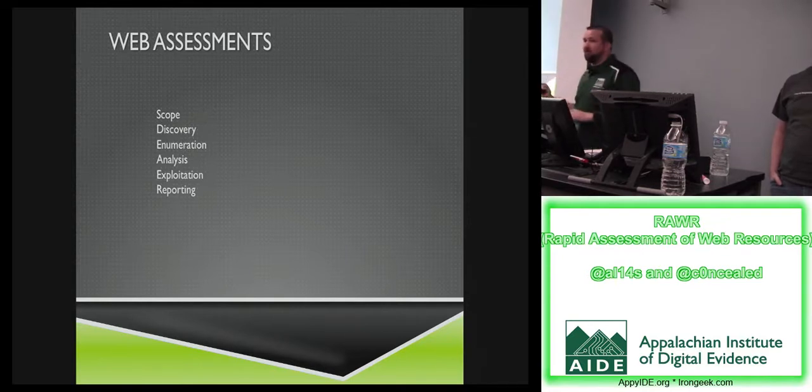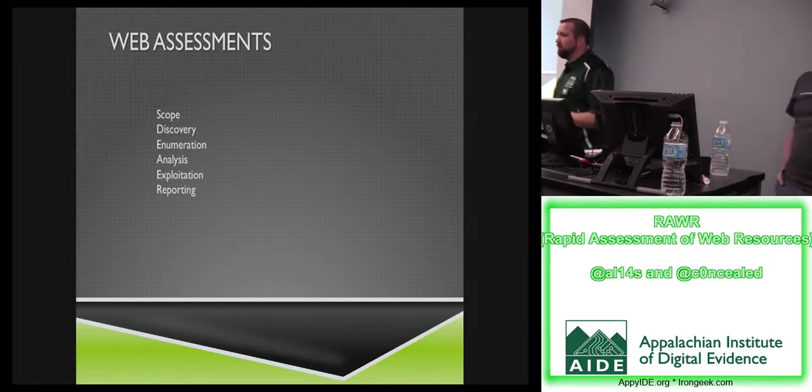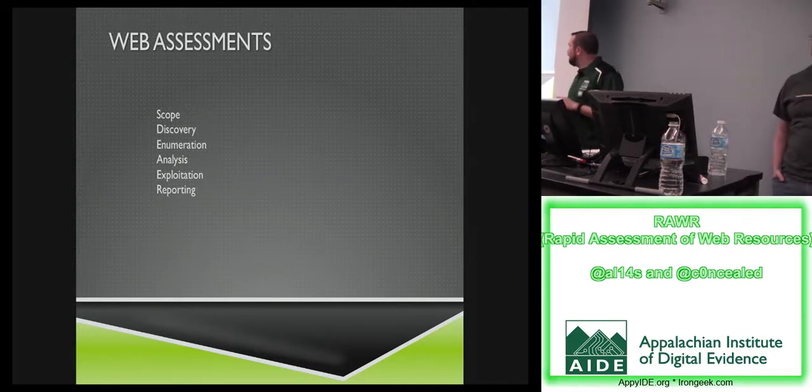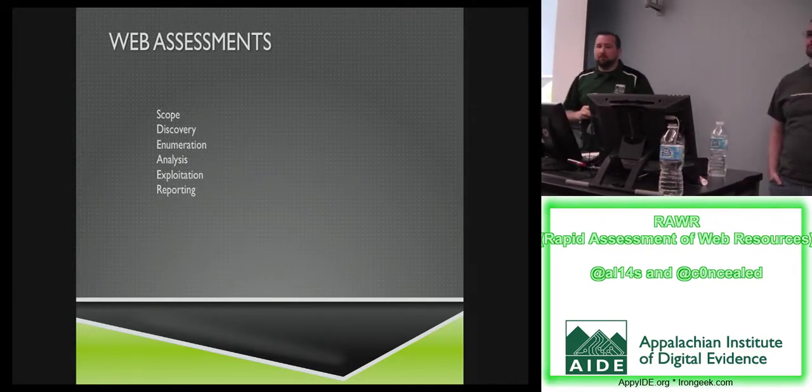And we're going to do discovery to try to find out what's there, enumeration of the services that you've discovered, things that you can find that may be useful. Then you're going to go through analysis. You're going to look for those pieces of low-hanging fruit. My favorite phase is going to be the exploitation, and then the reporting.